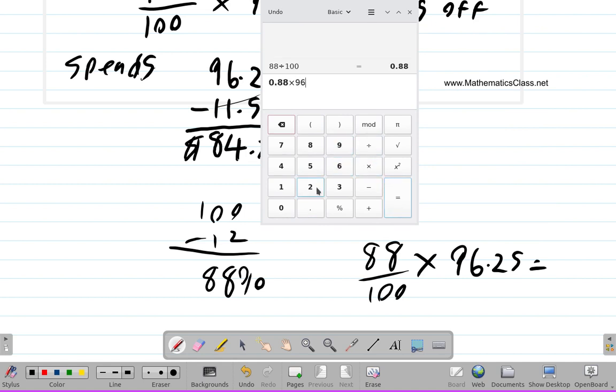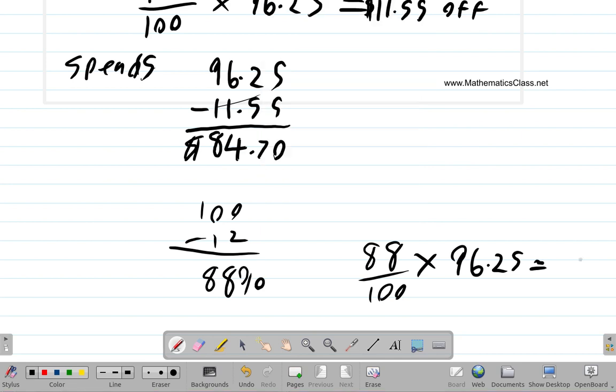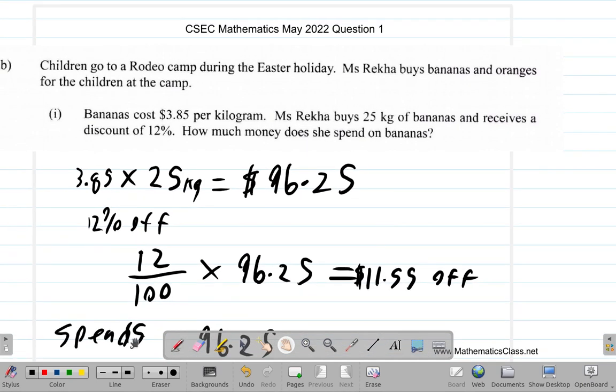Multiply by $96.25 equals, you get your $84.70 again. So that's your answer for that part of the question. Let me just make a note of that answer there. So our answer is $84.70.